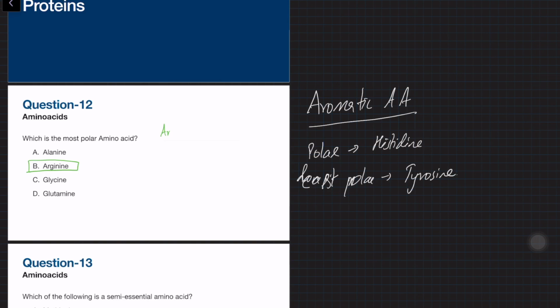And generally, a completely non-polar one is isoleucine. So most polar is arginine, non-polar is isoleucine. Among aromatics, histidine and tyrosine.